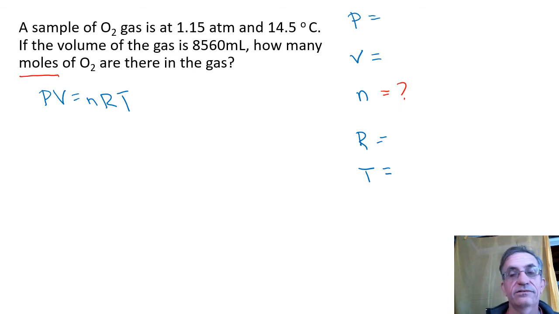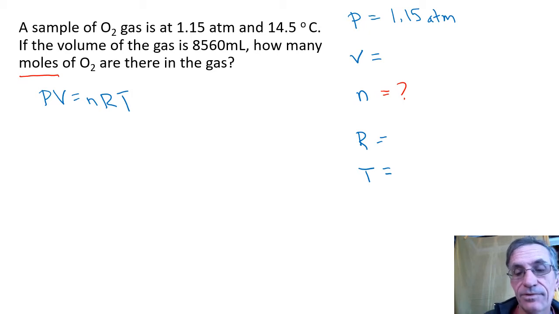How many moles? All right, so let's go back to the question. Let's see what we have, and let's see if it's in the right unit while we're at it. So a sample of oxygen gas is at 1.15 atmospheres. So atmospheres, that's got to be my pressure, 1.15 atm. All right, and at 14.5 degrees Celsius.